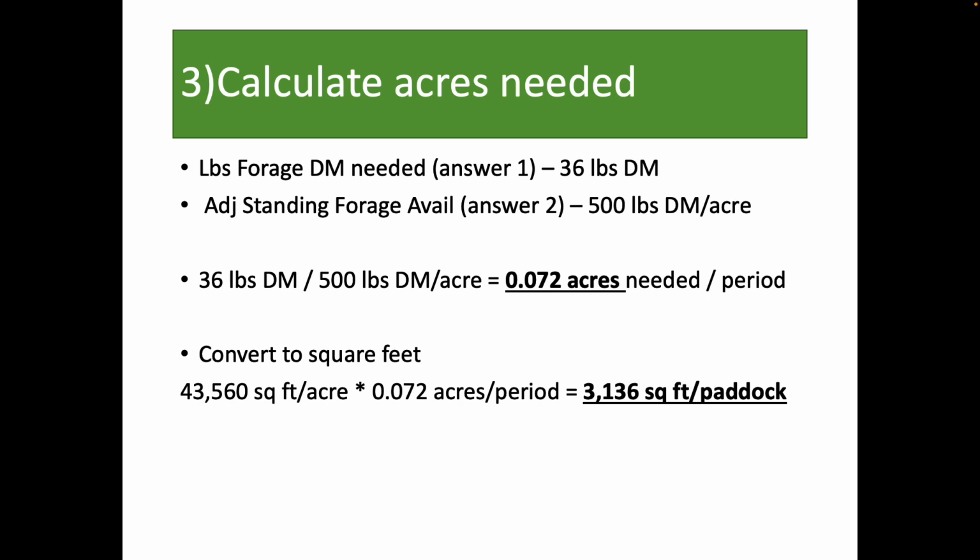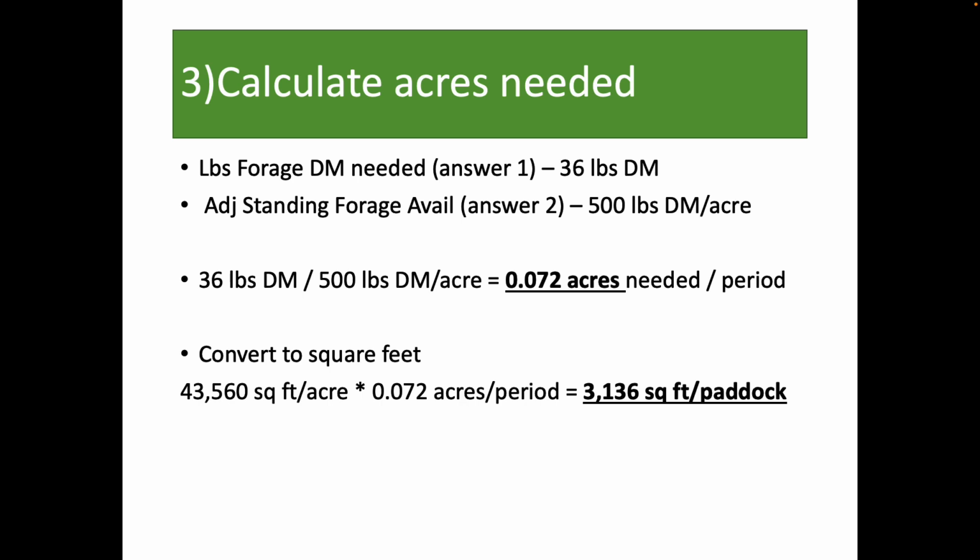So if you look on your sheet, we've got these handy little arrows. You're going to take your pounds of dry matter intake that you calculated in part 1 and move that number down. So I think that was our 55 or 30 number, give or take, depending on how many animals you have.